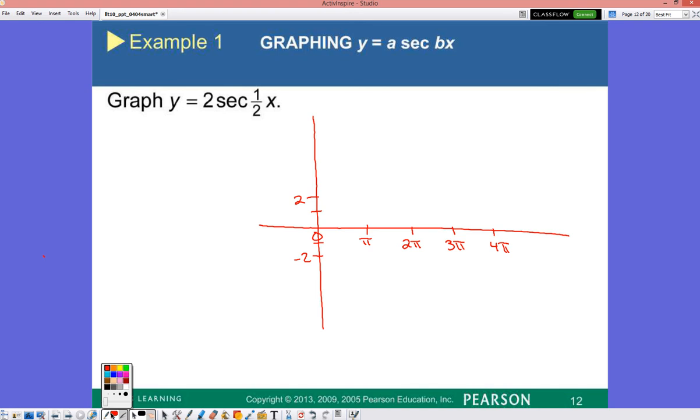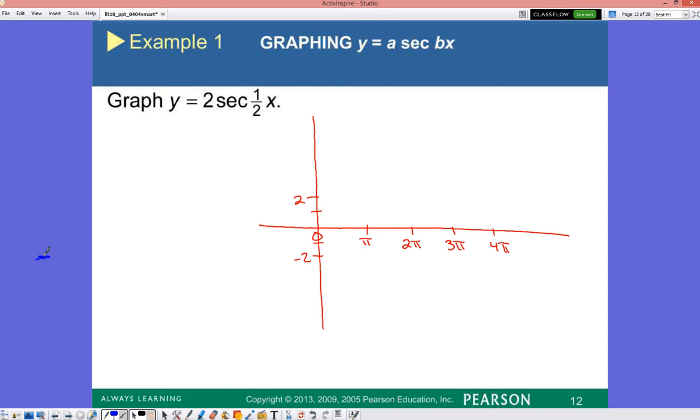Cosine. Secant is the reciprocal of cosine. So cosine always starts at the amplitude. So my amplitude is 2, right? So I'm going to start by graphing the cosine function.